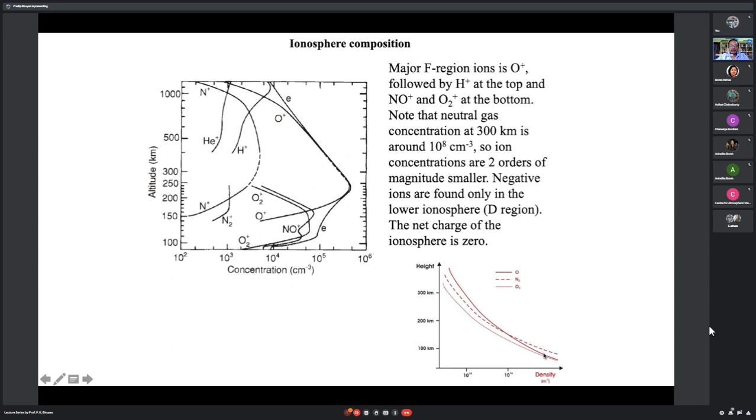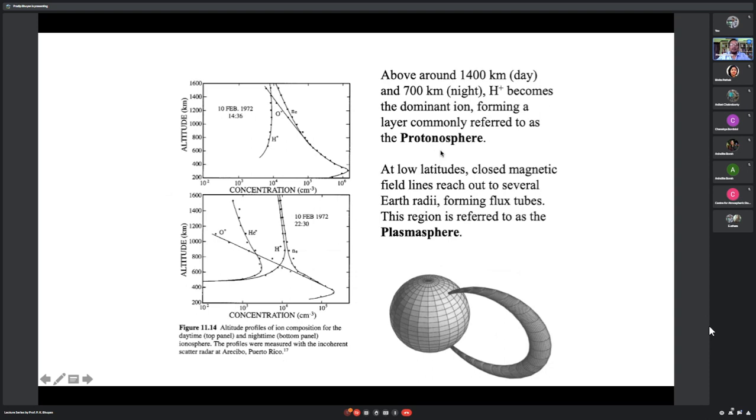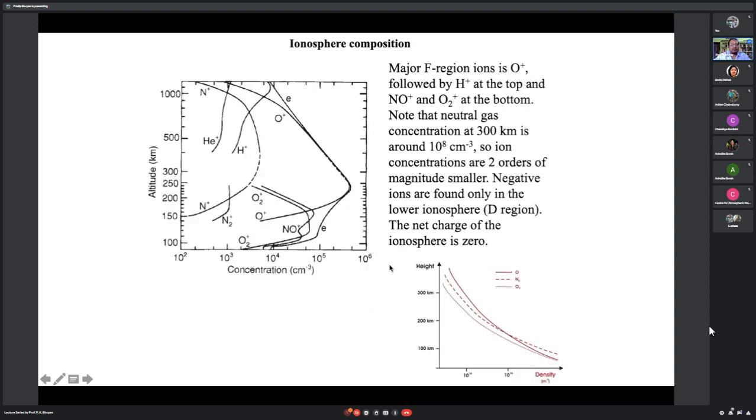Density decreases from, say, 80 or 60 kilometers, from 10 to the power 16 per meter cube to 10 to the power 14 per meter cube at a height of 300 kilometers or so. 10 to the power 14 per meter cube means 10 to the power 8 per centimeter cube, the total number of neutrals around 300 kilometers.